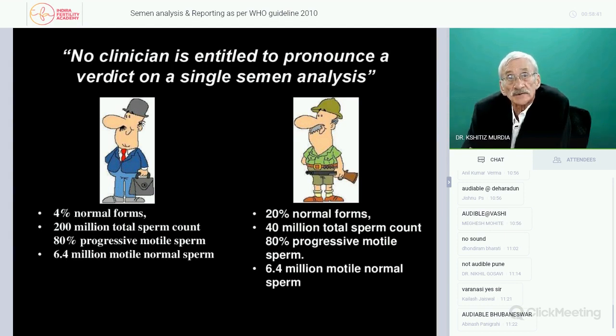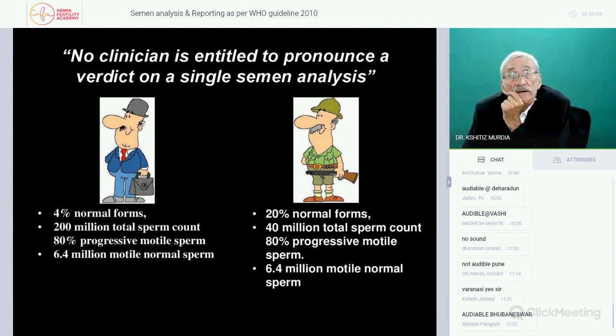This guy has 200 million sperm, this has 40 million. 80% progressive, 80% progressive. So both of them have 6.4 million normal motile sperm that can be used in any ART program.